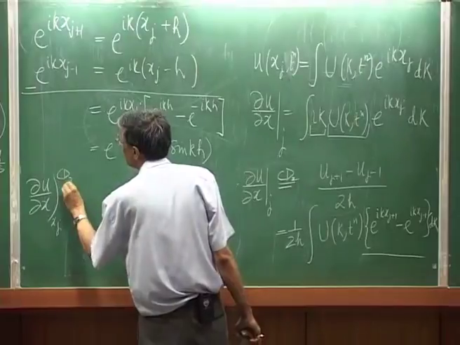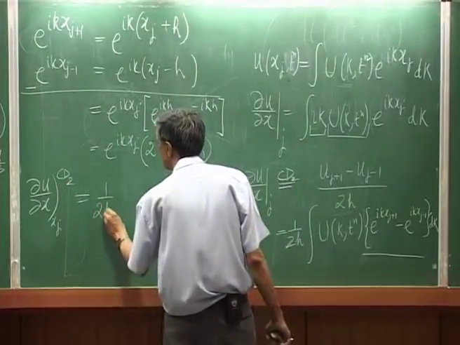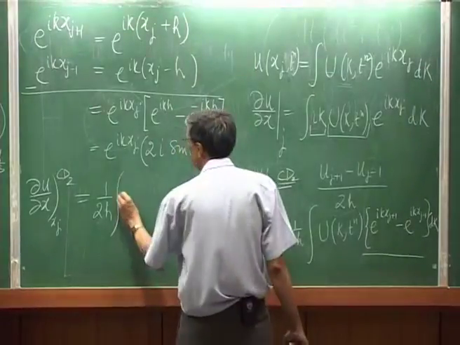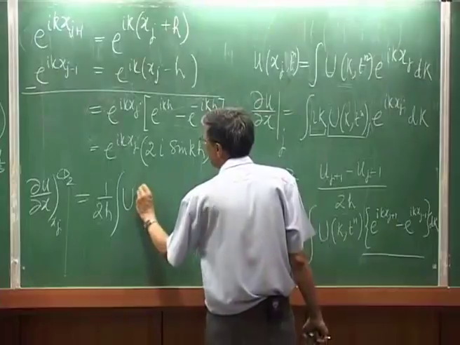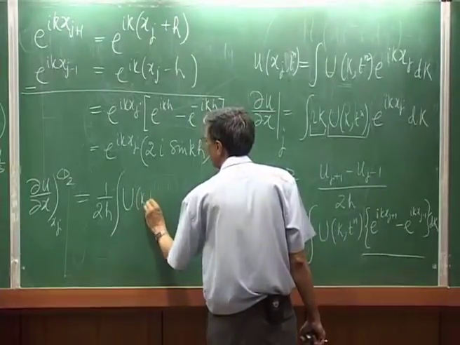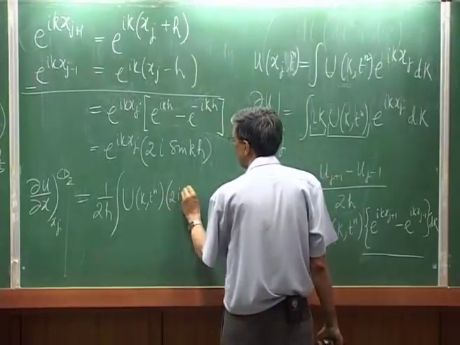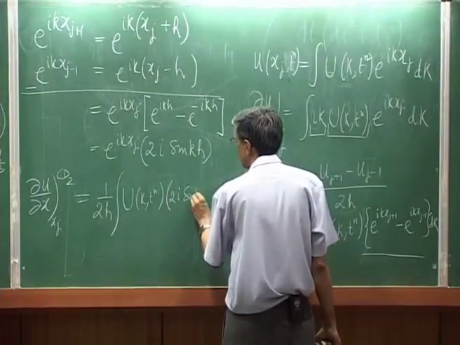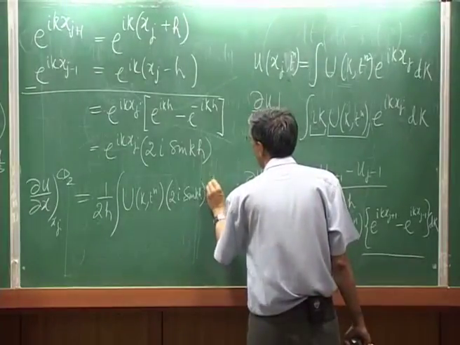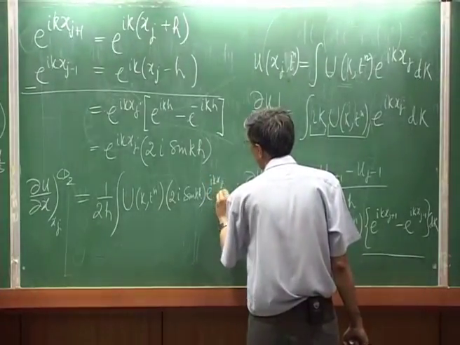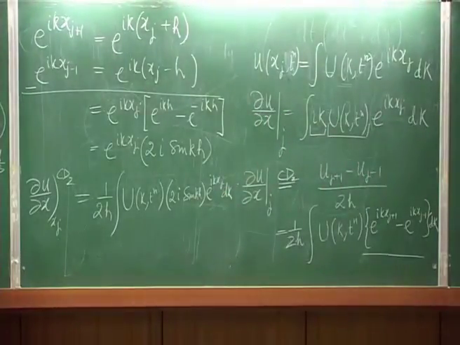I have done a CD2 formulation, then I get 1 over 2h, then u, and from here I get 2i sin kh e to the power i k x_j d k. Okay.